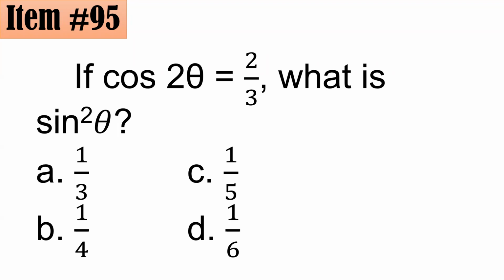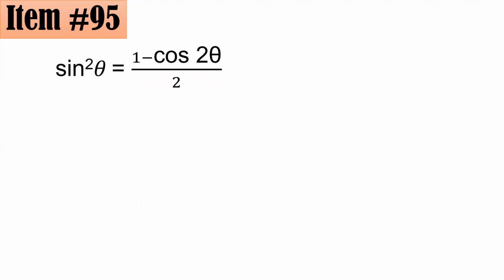Ano kayang gagawin natin dito? Paano mo hahanapin yung sine squared theta? Take note po, from the double angle formula for cosine 2 theta, you could actually derive the value of sine squared theta as 1 minus cosine 2 theta all over 2.